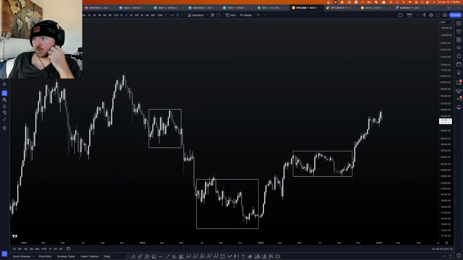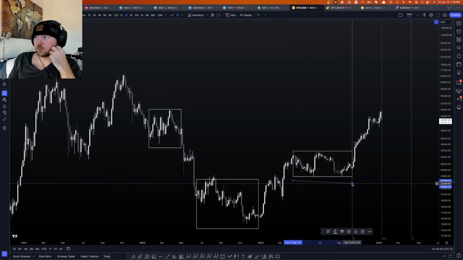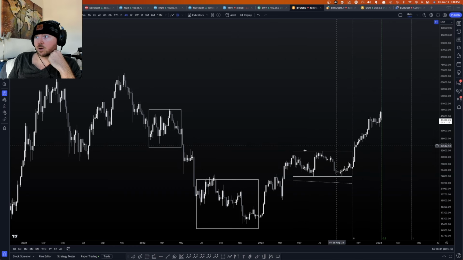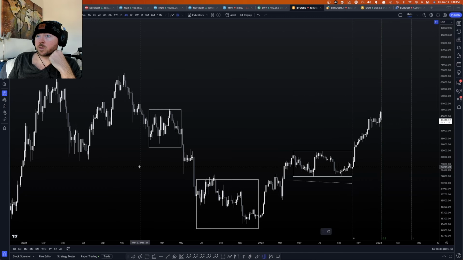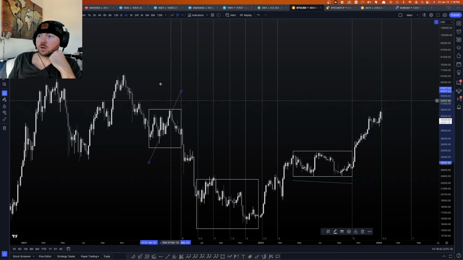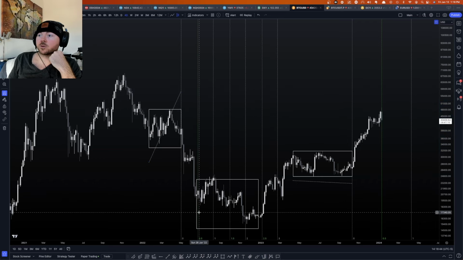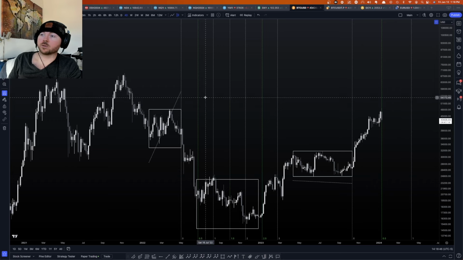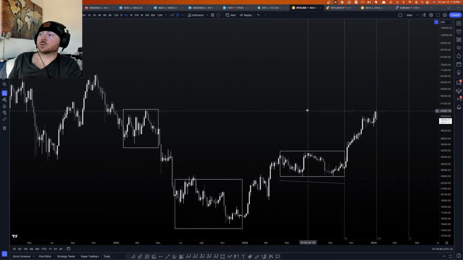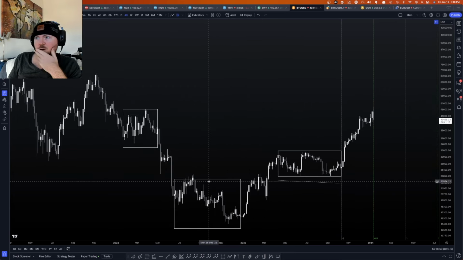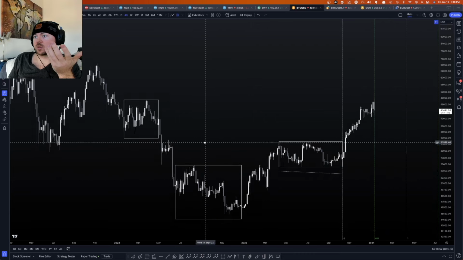And then another thing we could potentially look at is the timing on this. If we're doing the same thing here for this accumulation range, we're right at the 0.5 of that. And if you remember, when you're taking the accumulation here, the first low was right around the 0.5 of that. So it makes me think a bunch of things.